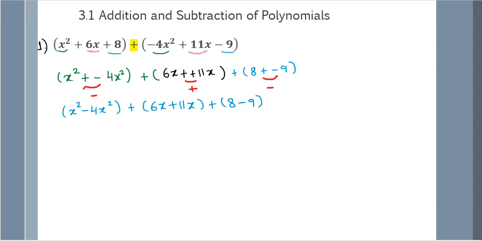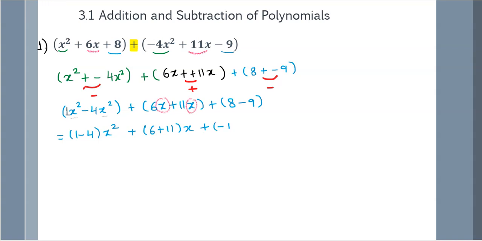So when you are working, you can see that here x square, here x square. The coefficient of the first term is 1. So you can write it as 1 minus 4 x power 2. Same here, you see x and x, so you can write 6 plus 11x.